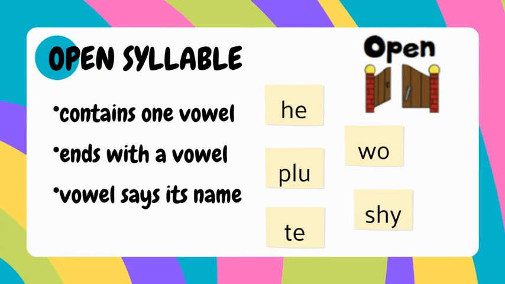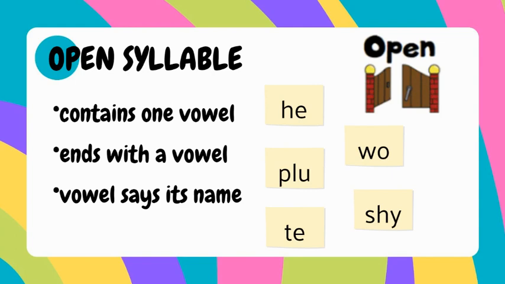The open syllable. The open syllable includes a syllable that contains one vowel, it ends with a vowel, and the vowel says its name. This is what the open syllable is. And so here you see examples of HE, WO, PLU, and SHY. And so here, our scholars would know not to say heh, they would know to say he.